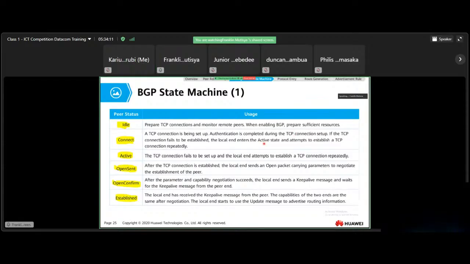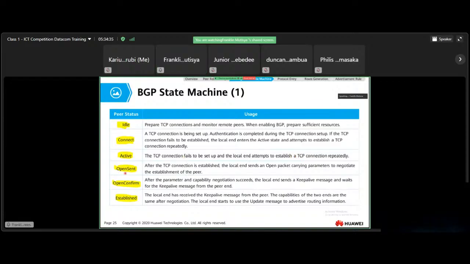Active means the TCP connection failed to be set up, and the local end attempts to establish the TCP connection repeatedly.